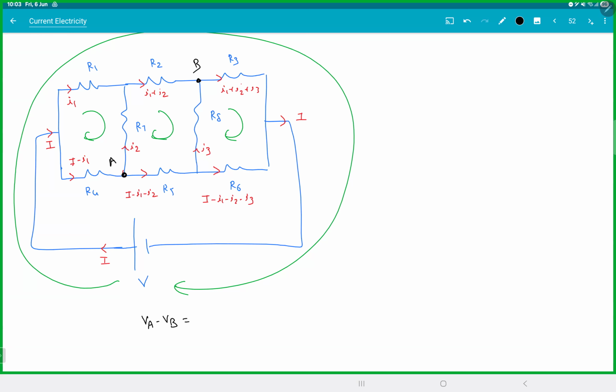You can go from A to B any way you want. You can go like this, you can go like this, both will give the same answer. So get me the 4 loops, and find VA minus VB. I just want to see whether you're getting the signs right.